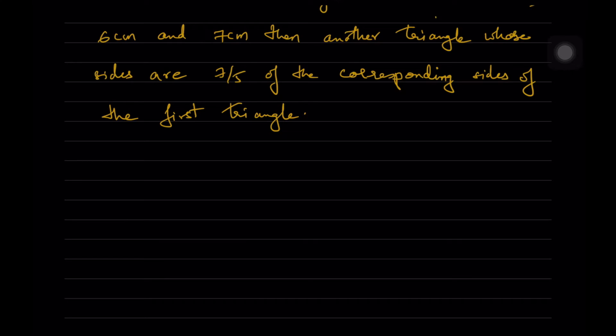So this also, in the same way, we can draw a rough figure, but without the rough figure we'll be doing this. So what are the steps of construction? We'll see.